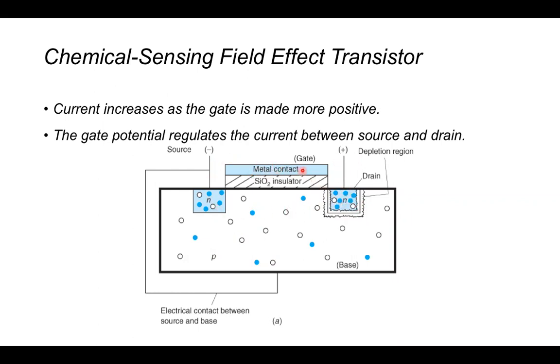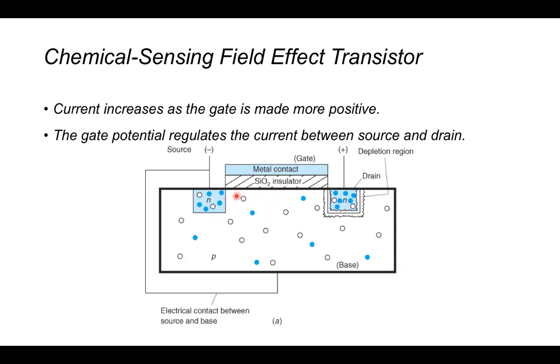However, if the metal contact here, which is separated from the base by this insulator, is made positive because of some sort of chemical interaction with the metal contact, what can happen is that the positive part of this will attract these electrons towards the insulator.